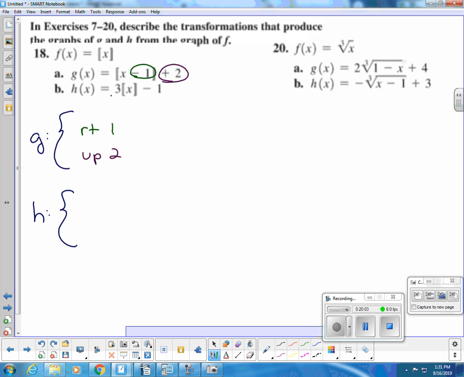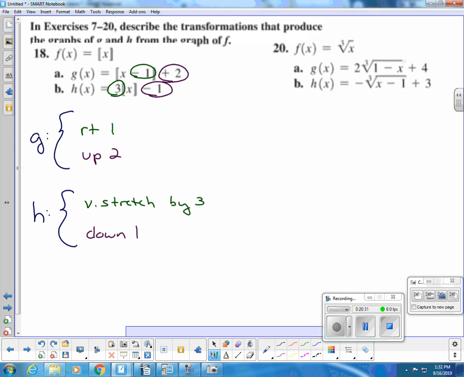So we're looking outside. Multiplying by 3 outside would be a vertical stretch because it's greater than 1. Remember, when it's inside, that would be a reciprocal. So you wouldn't think 3, you'd think 1/3. Okay? And then the minus 1 outside is going to make it go down 1. All right.